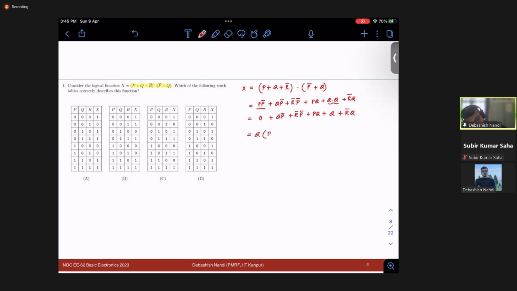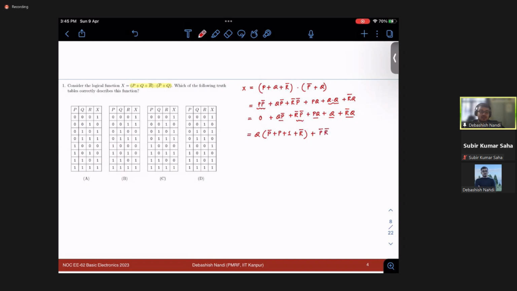So you will have P prime P bar plus here P bar, here P, here 1, here R bar, right? And you have this term left, P bar R bar.